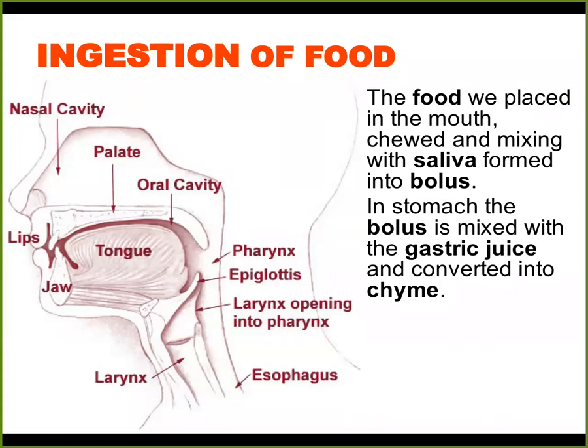In our oral cavity, we produce saliva by salivary glands, and with the help of saliva, food is mixed and forms a specific mixture of particles of food and saliva, which is named bolus.